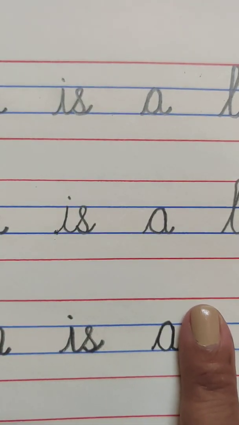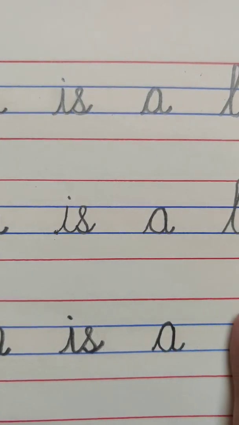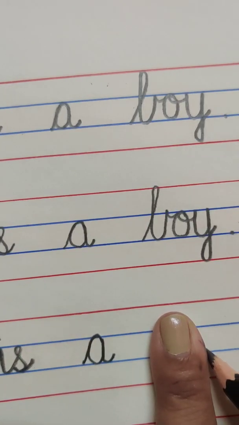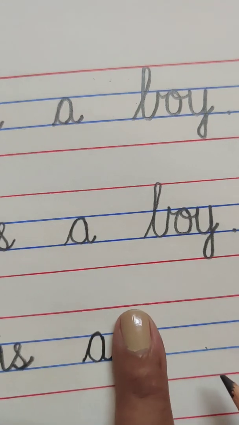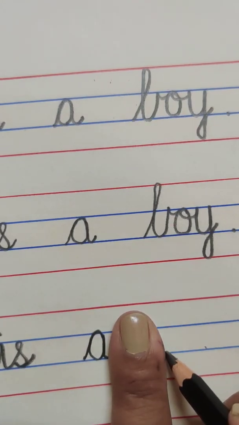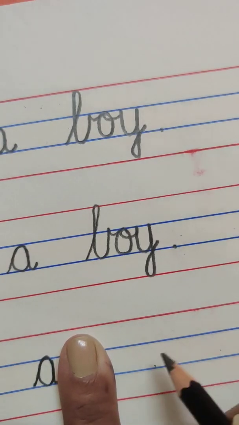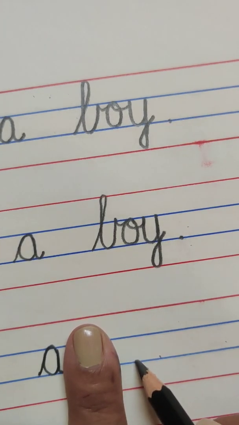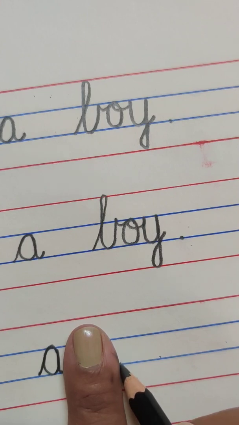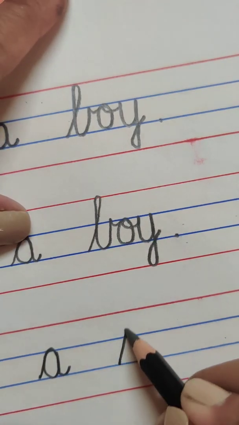You will touch the word and keep the finger. Please do not keep the finger here, otherwise the gap will be unequal. Or after putting the finger also, if you do not touch the finger and keep the pencil anywhere else, again your gap will not be proper. So don't even put it this much away. No, this is also wrong. So touch the finger and write the next word.